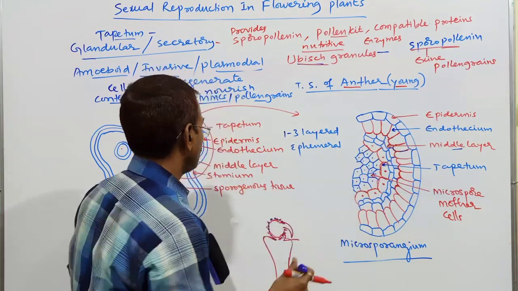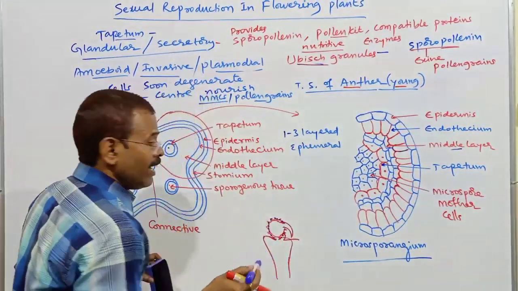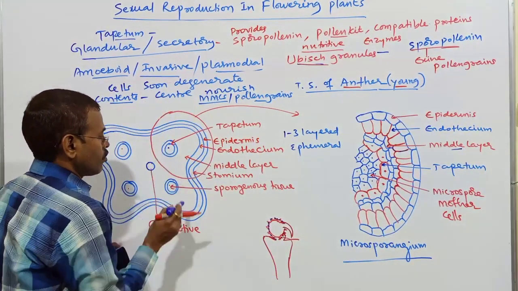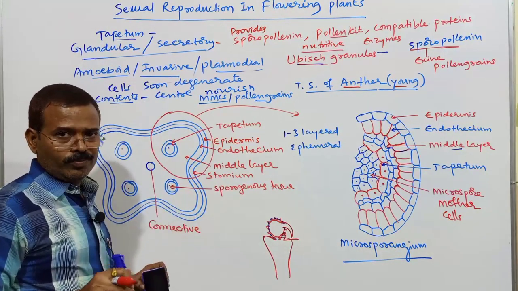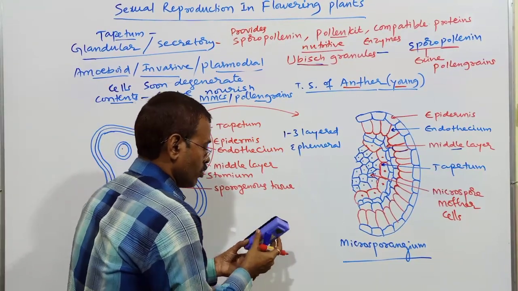Now in the center, in the young anther there will be the presence of sporogenous tissue.